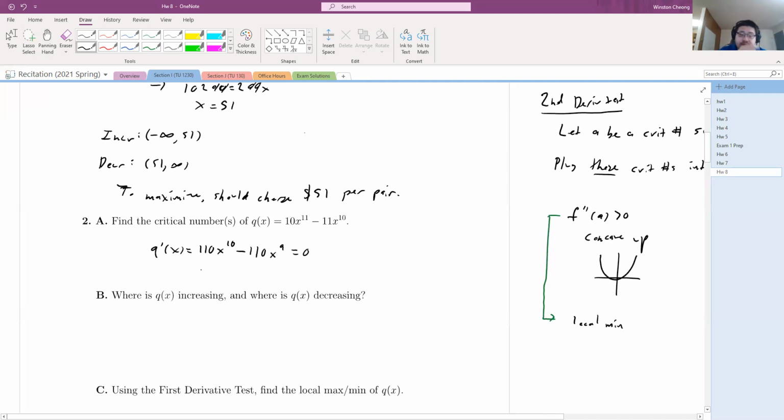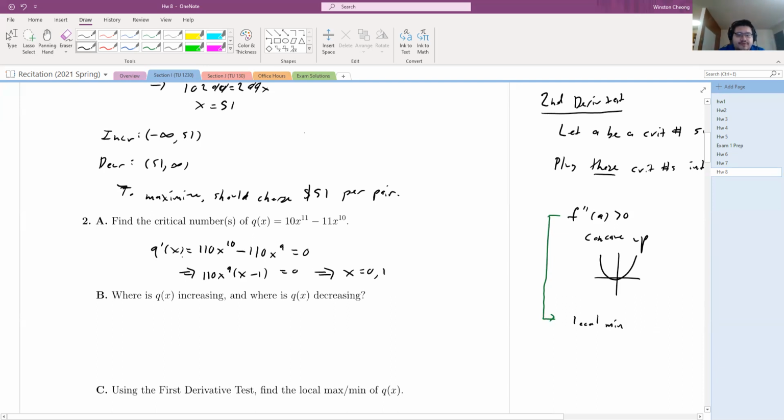You can divide by the 110, but it's probably better to factor instead, just to make sure we don't arbitrarily get rid of information. So 110 x to the 9 times (x minus 1). This is set equal to 0. So our critical numbers are x equals 0 and 1.